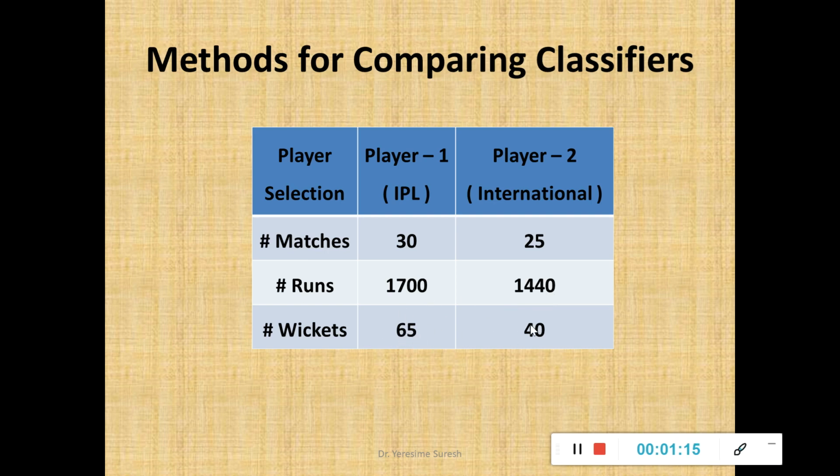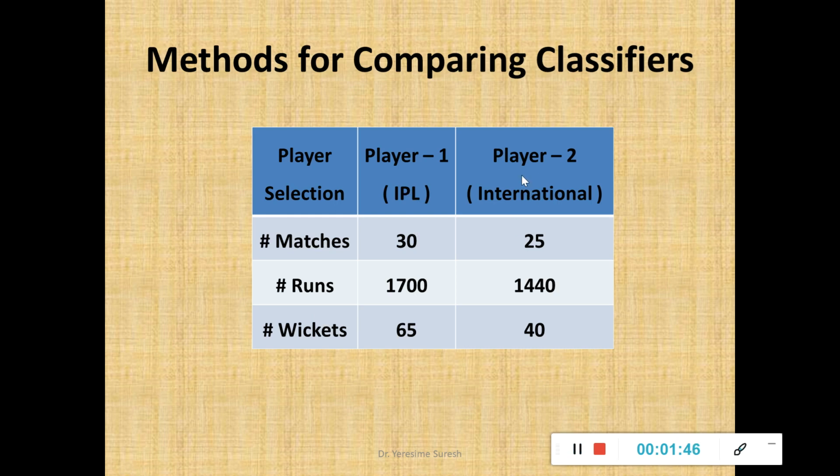So if I ask you a question as a team management or a franchise, whether I should select player 1 or player 2, you'll obviously recommend player 1. Why? Because the number of runs scored and wickets taken per match, if I consider, you'll obviously say player 1 of the IPL background should be selected in comparison to player 2. So based on number of matches, runs and wickets, obviously player 1 is best suitable when compared to player 2.